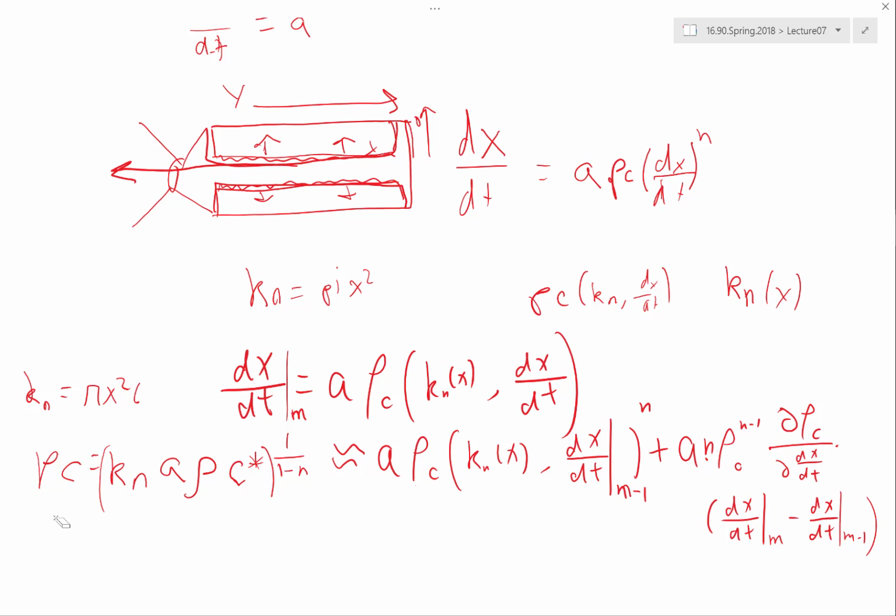You can multiply both sides by 1 minus n and then move the a over, and you essentially get a Pc to the n equals Kn rho c star to some function, which could then be written as dx/dt. Anyway, in this formula you already solved analytically the implicit formula. I might have done that.